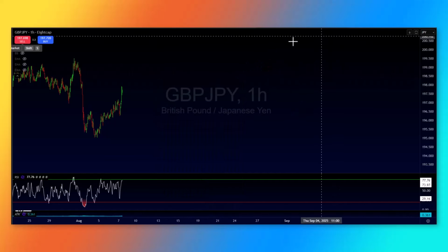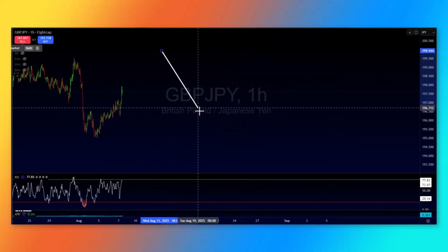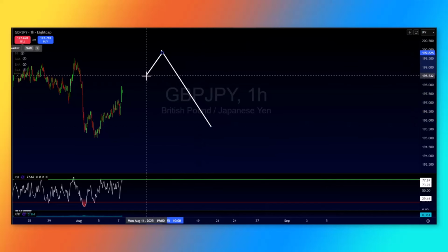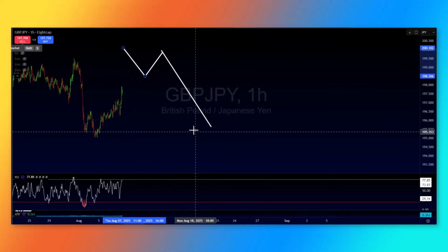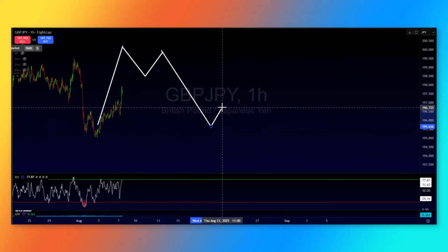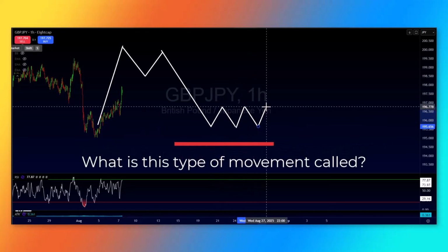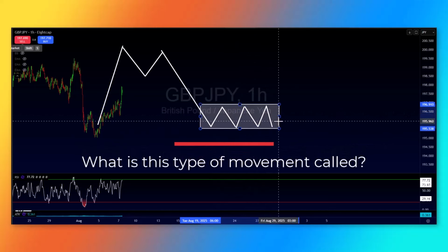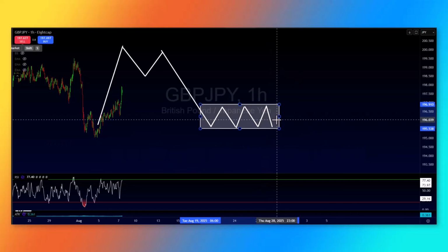So if price action trended down, we've come to a previous level of structure, and we start making this type of move, we know this type of move is called what? Consolidation, right? We know that consolidation leads to a ranging market.